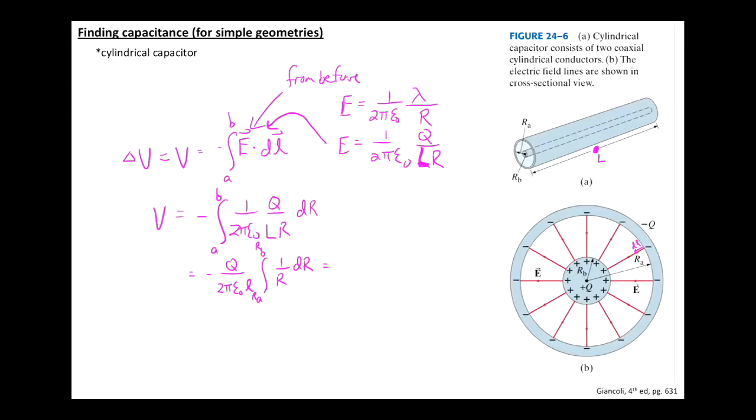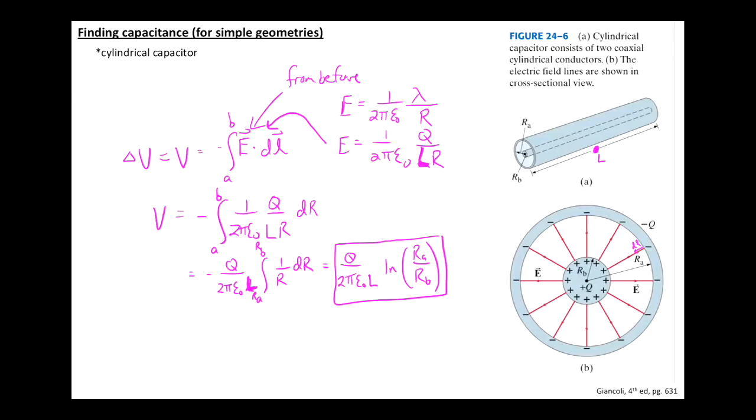We're going to have Q over 2 pi epsilon naught capital L. Oh, how many times is there this capital L there? There it is again. Times the natural log of RA over RB. And things have flipped upside down to get rid of the negative sign. So we have two negatives there that cancel out. That is the potential difference between the outer and the inner conductors.